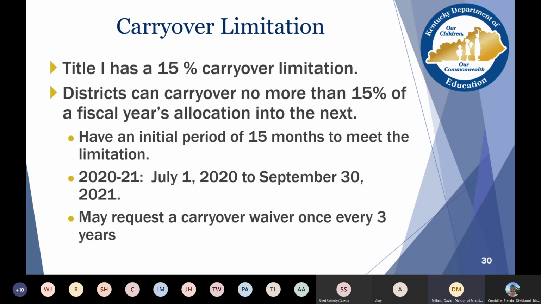As a state, we are required at that point to reduce your next fiscal year allocation by $50,000. What we do with those dollars is reallocate them to other school districts based on needs. So again, we're not trying to harp on you when we send out reminders about the 15-month carryover limitation. We are actually trying to look out for you and make sure that you avoid that carryover penalty in the next fiscal year.